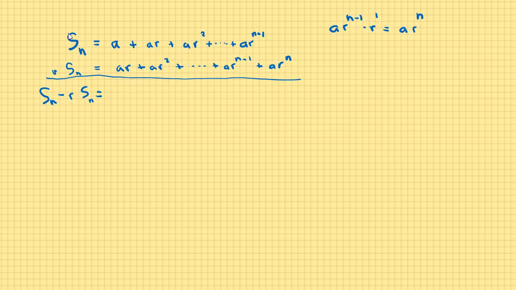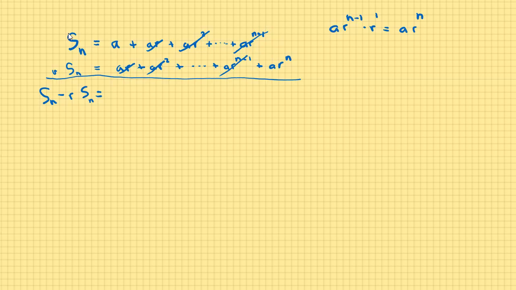So take a look at the terms in each of these expressions. You're going to notice that there's an a r here. When we subtract the second equation, that's going to cross out, right? We have a times r squared here. Those are going to cross out. And so on. It's going to continue all the way to a times r to the n minus 1. Those are going to cross out.